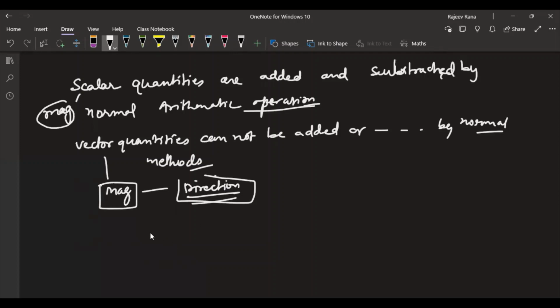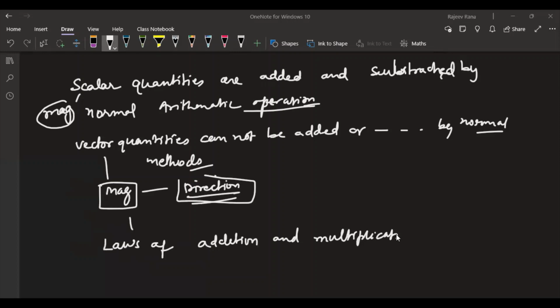So that's why we have laws of addition and multiplication.